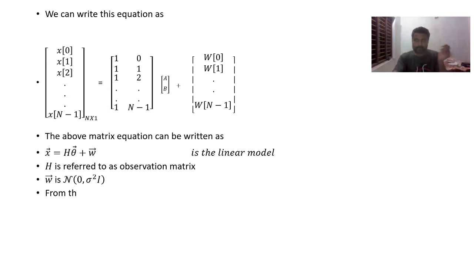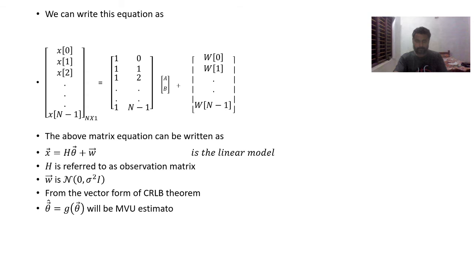I am writing that from the vector form of the Cramér-Rao theorem. Theta cap is g of x and will be the MVU estimator if dou by dou theta of ln of p of x, theta is equal to I of theta into g of x minus theta.